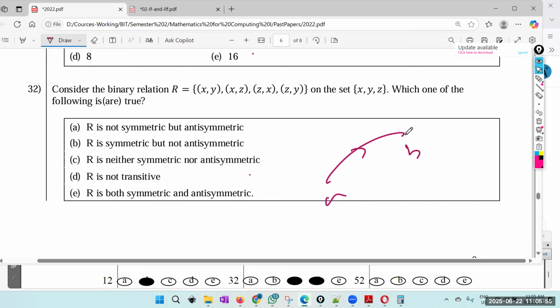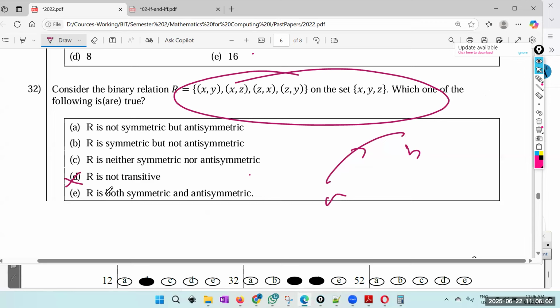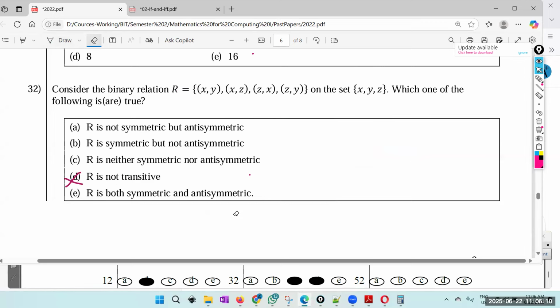But transitiveness is checked when we have three variables. So therefore, I feel like this relation is transitive, and D should not be the answer. Anyway, you can have a bit more chat with ChatGPT.